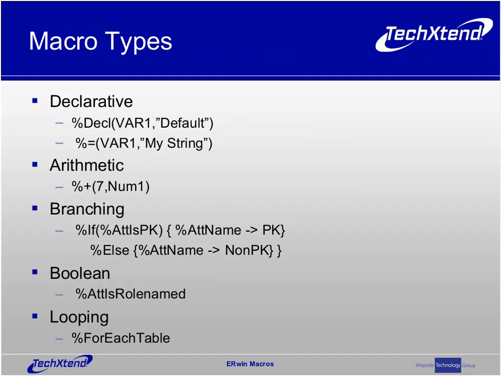You have branching statements, so if, then, else statements are also supported. That's a very powerful way of implementing multiple scenarios within a logical to physical mapping, for example, or within the context of a stored procedure. There's also Boolean values. This is actually very useful. For example, you can have a flag to check: is this attribute role named or not?